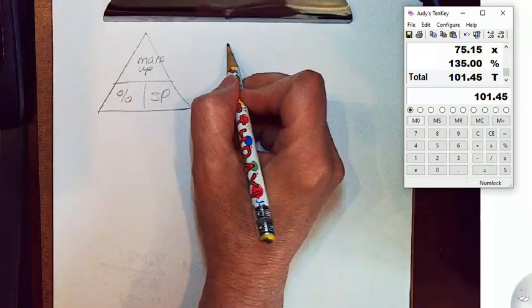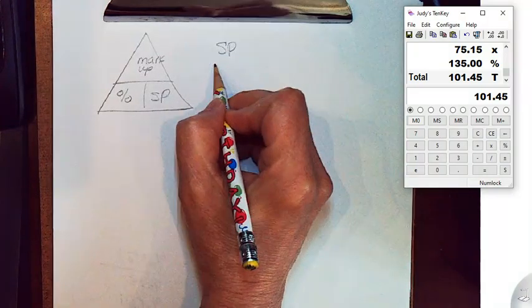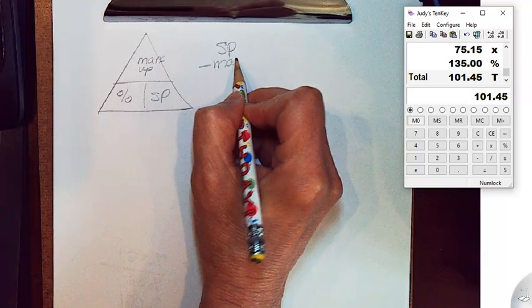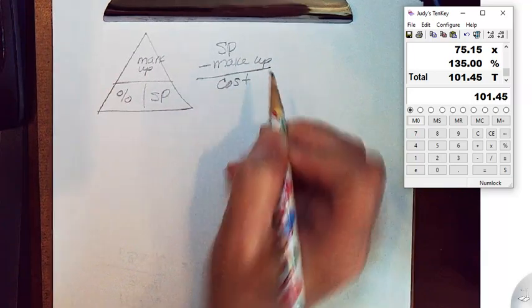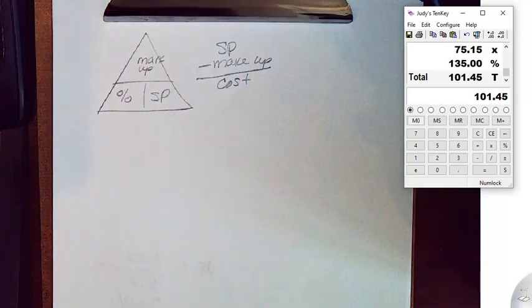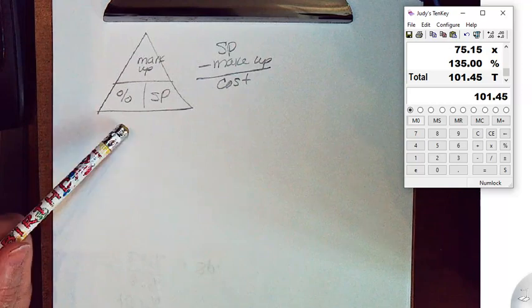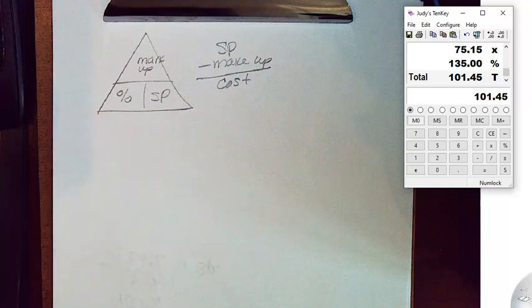And in this case, selling price minus markup will give us cost. So if I know what my markup rate is for furniture, I can quickly figure out if I can sell it to you for $80 or not without having to dig through files or computers and find the invoice to figure out what the cost was. So this time, markup is based on selling price.